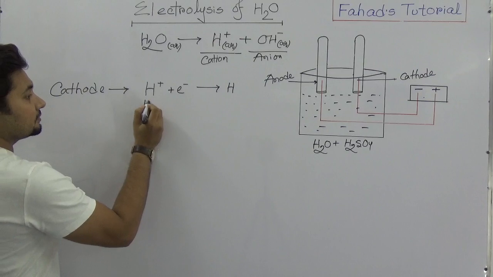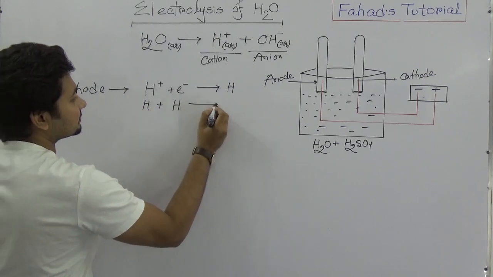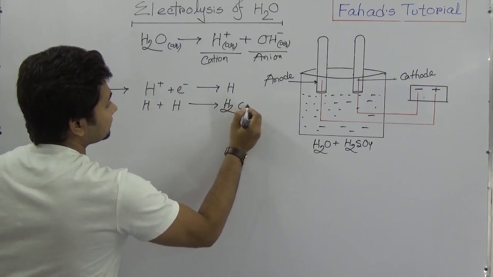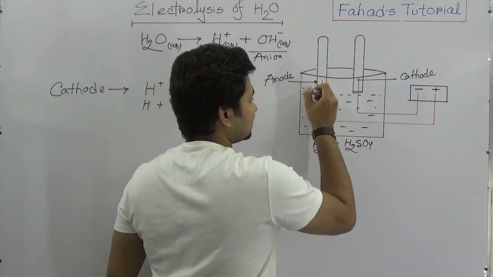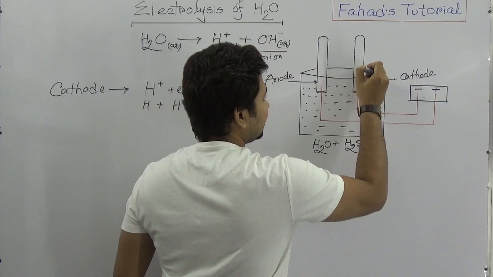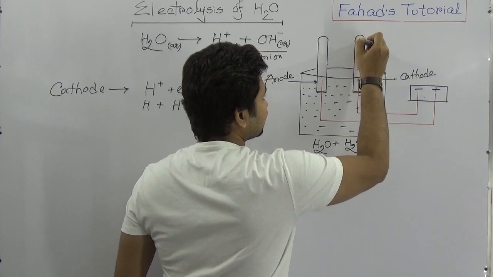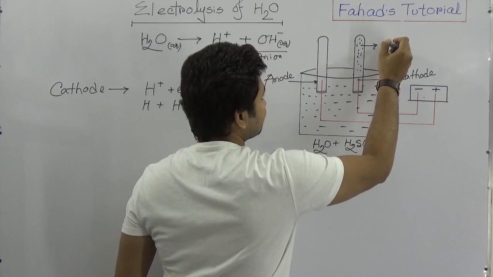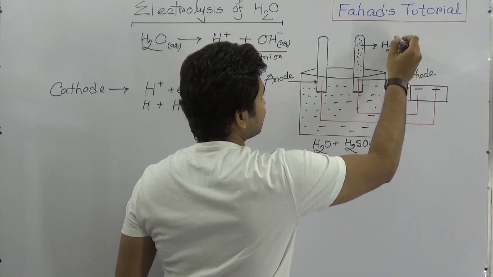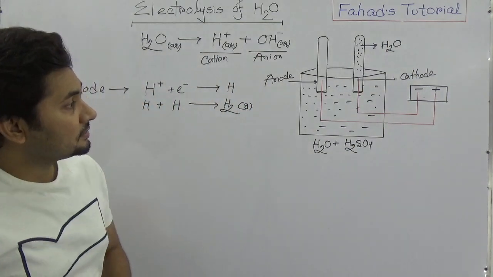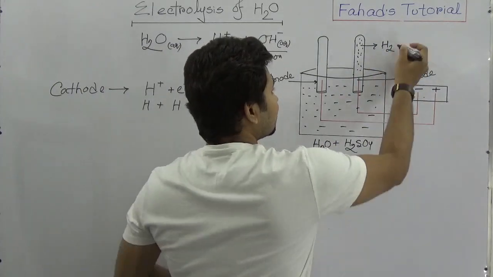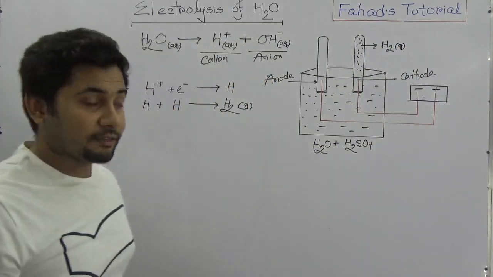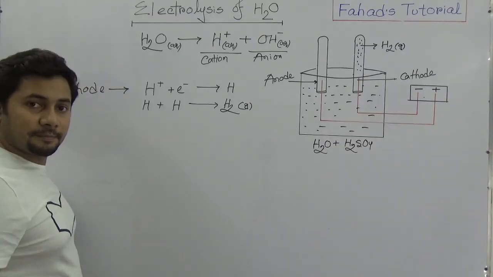This hydrogen will combine with another hydrogen to form hydrogen gas. So the gas that will be stored in this test tube is hydrogen gas. Hydrogen gas is stored at the cathode, and this is the reaction.